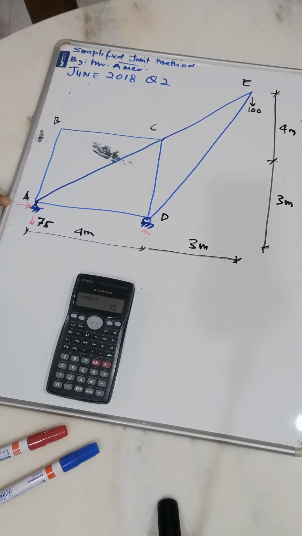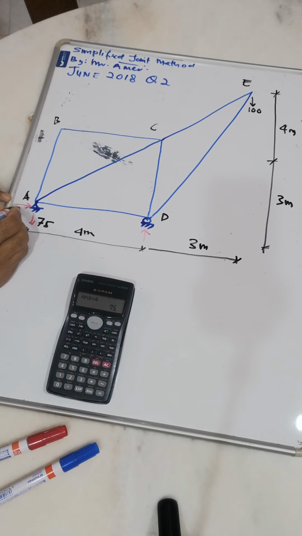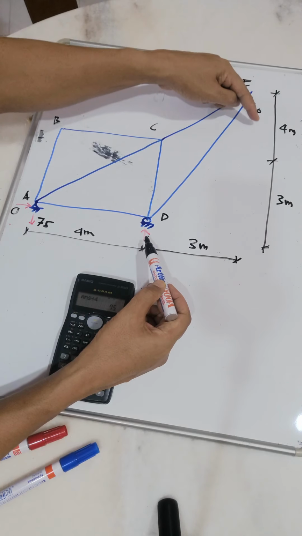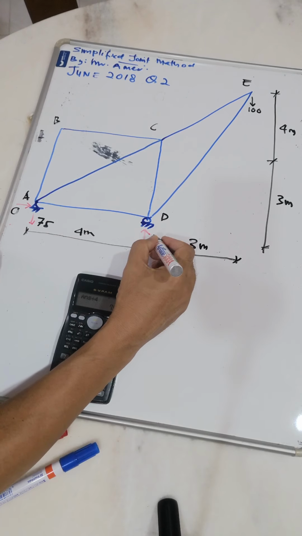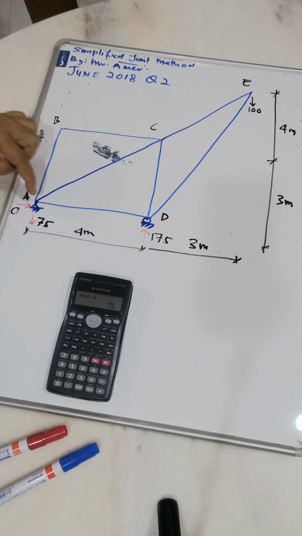In the X direction, because there is no external load in X, X equals 0. Then we can determine DY. 100 kilonewton downward and 75 downward, so at D we have 175. Now we have settled our reactions at A and D.